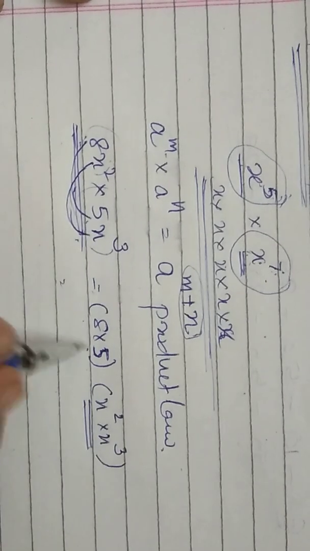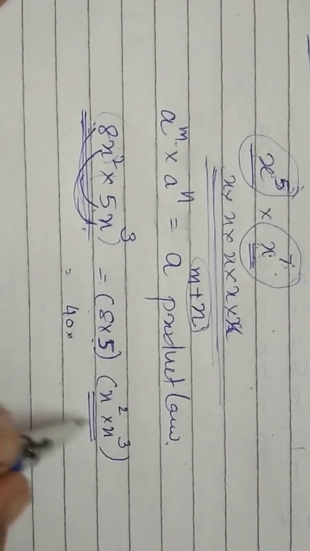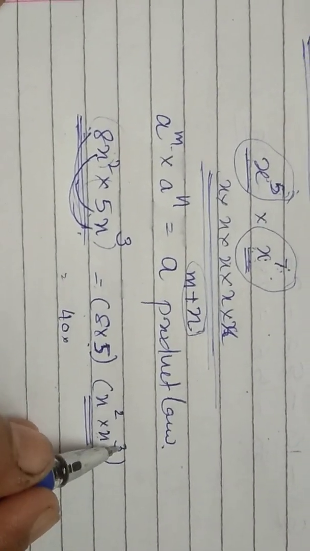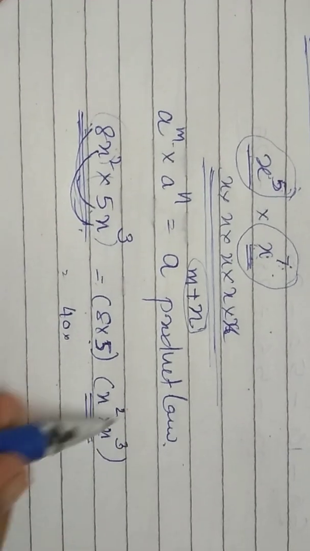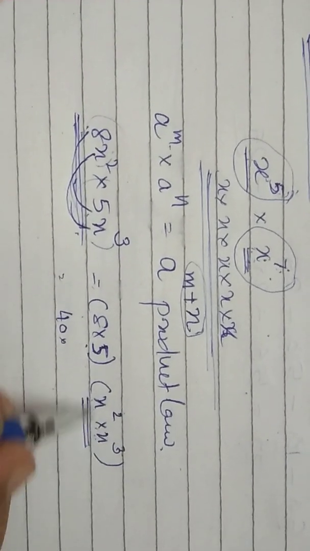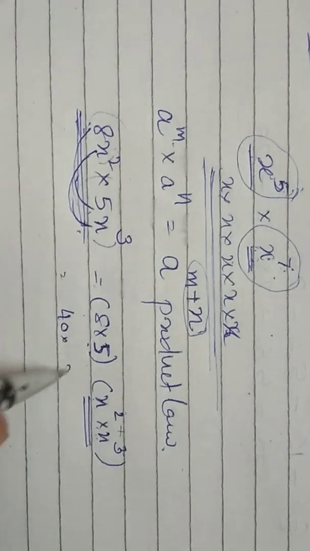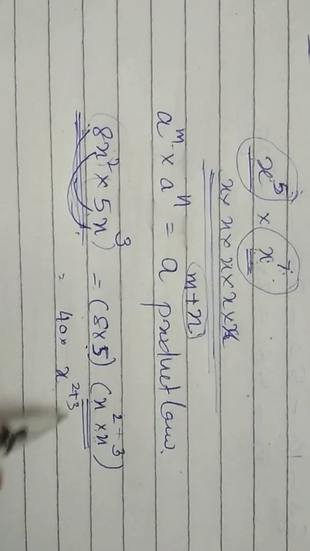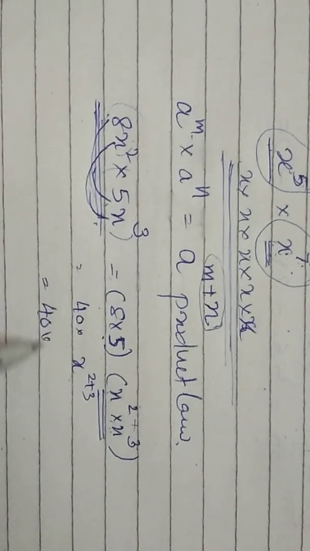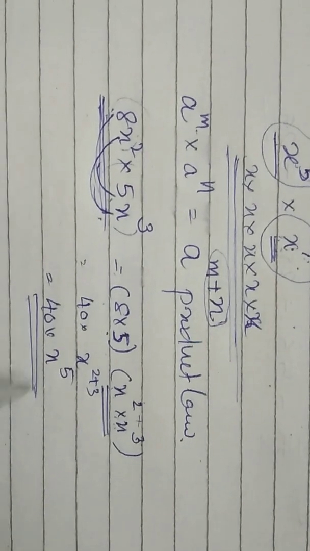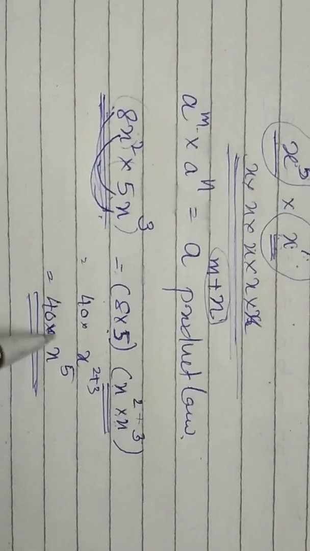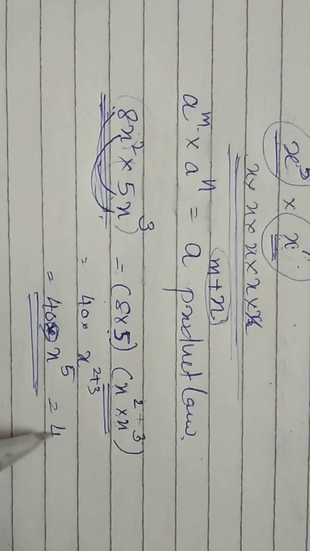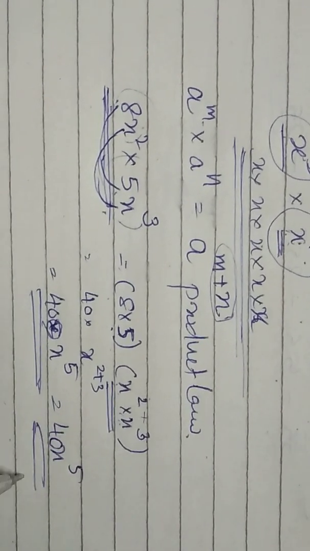So 8 into 5 is 40, into x raised to 2 into x raised to 3. That is a raised to m into a raised to n, so we just add the powers together: x raised to 2 plus 3. That becomes 40 into x raised to 5. This is the answer. There is no need for the multiplying sign, so 40x raised to 5 is the answer.